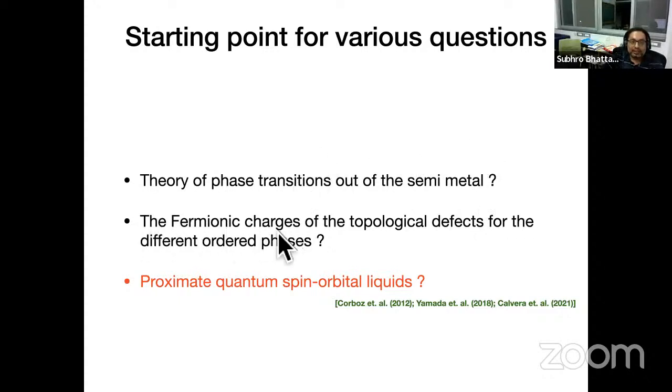And in particular, in case of such symmetries, we know that once I start gapping out the fermions, the topological defects of these various ordered phases that I land up in carry different fermionic charges, and that can lead to non-trivial phase transitions. And in particular, the proximate quantum spin liquid phases that can be obtained by gapping out the charges can be quite different from the ones that we know about.